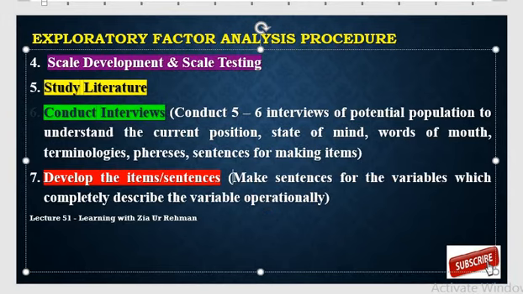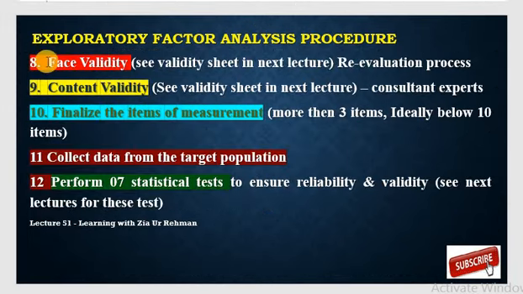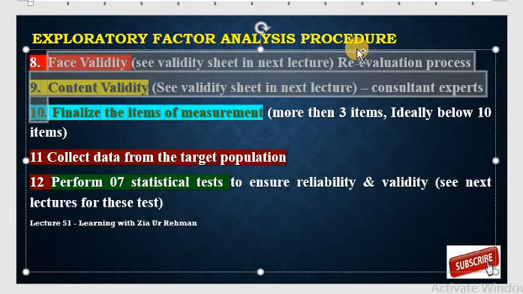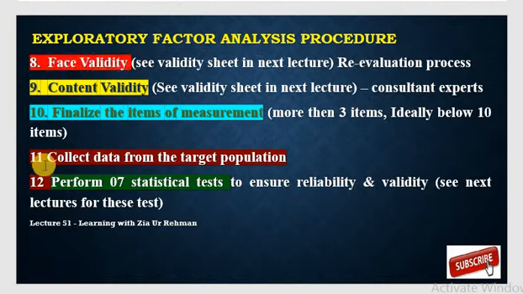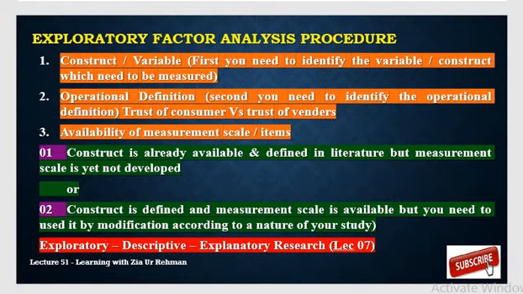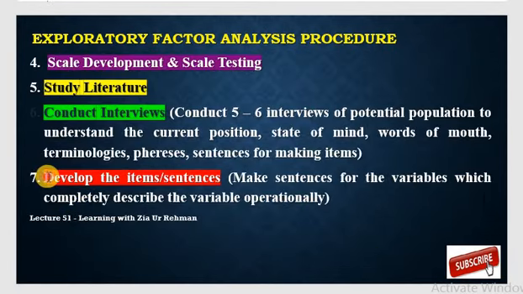After the development of the items and sentences, you need to conduct the face and content validity. Face validity is the validity which the researcher himself ensures after making the items, at step number 7.